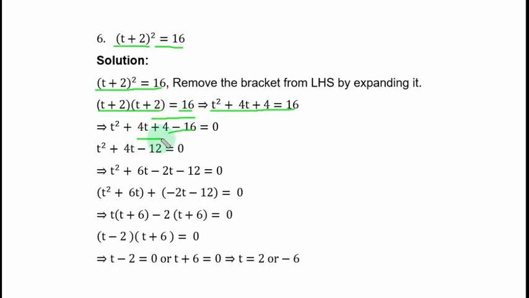So you have t squared plus 4t minus 12 equal to 0. From the previous analysis, the possible factors here are 6 and minus 2, which we use to replace the middle term in t. So we have t squared plus 6t minus 2t minus 12 equal to 0.